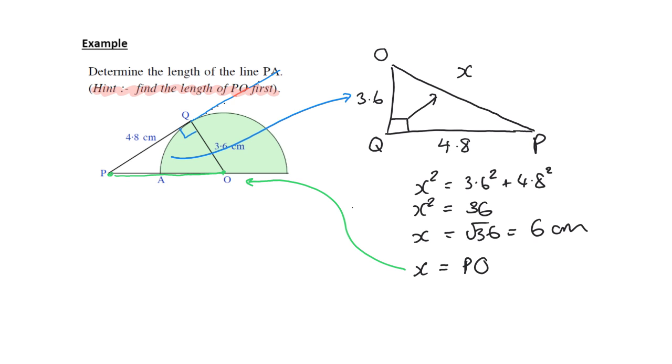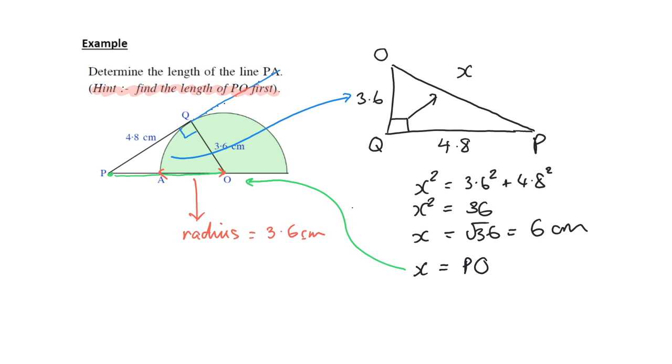Now what I need to show you is this distance OA, which we can see is also a radius. It goes from O to the edge of the circle, the circumference, and therefore it's the same length as the first one that we mentioned, which is 3.6 centimeters.